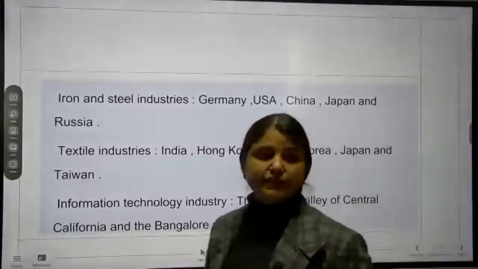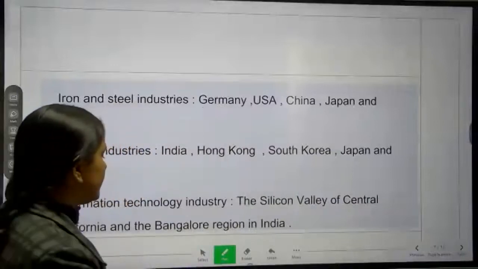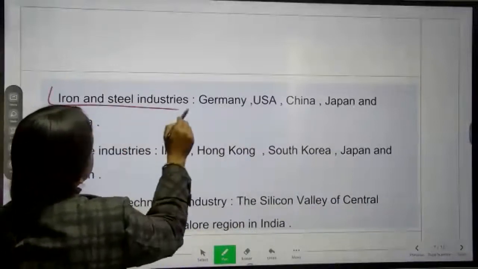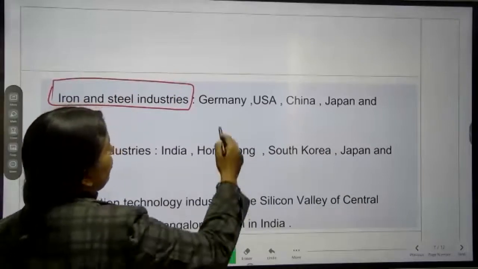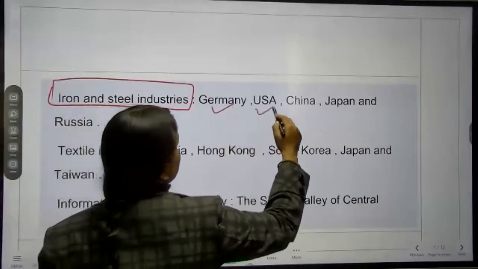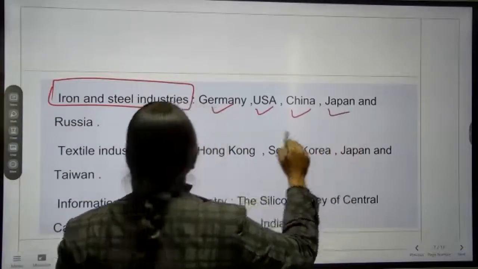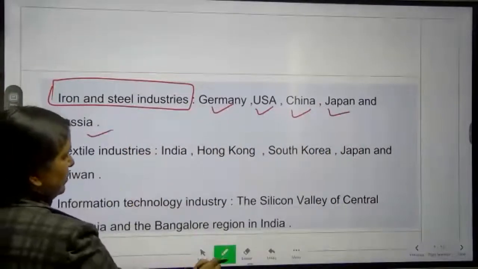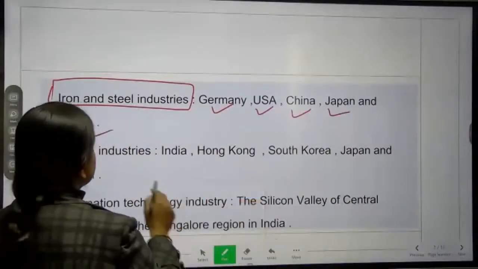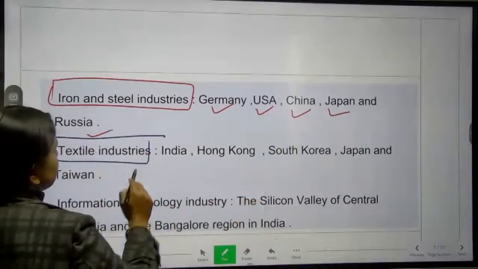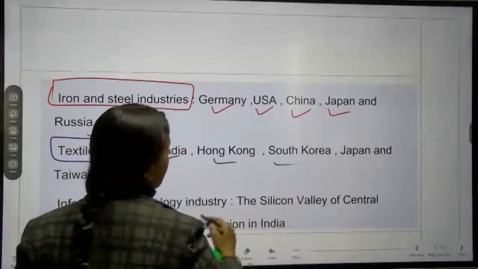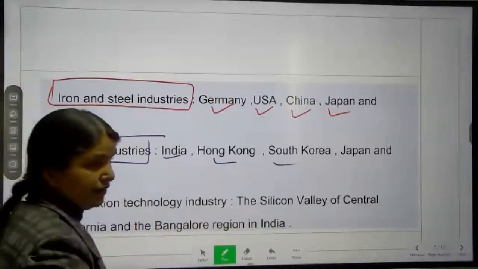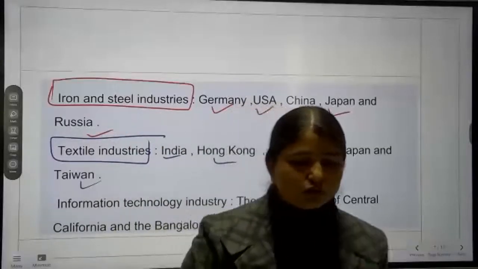Now just see here, some of the countries are giving iron and steel industries. Mainly, iron and steel industries are located in Germany, USA, China, Japan, and Russia. Textile industries are located in India, Hong Kong, South Korea, Japan, and Taiwan. Taiwan is also located in Asia.